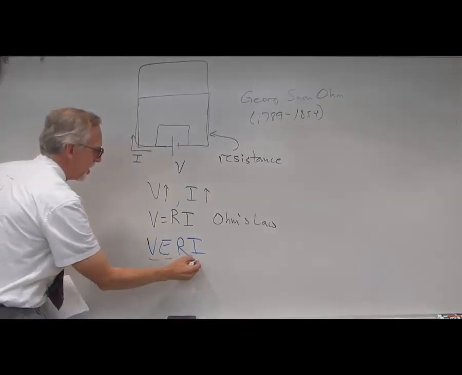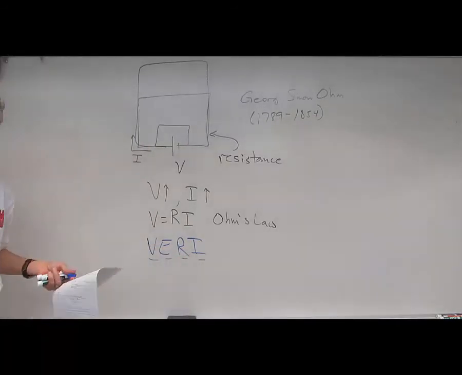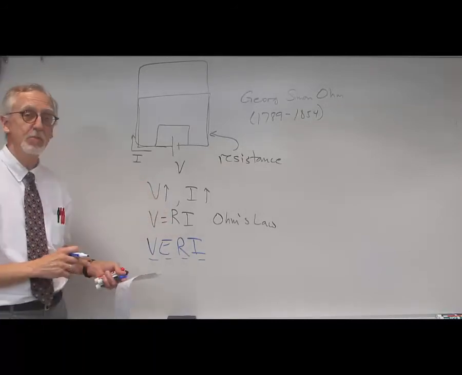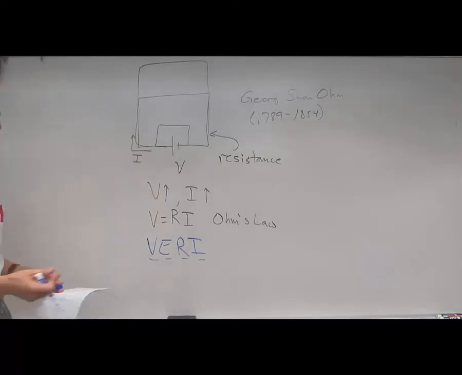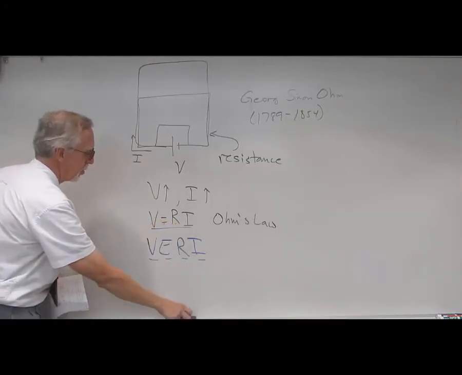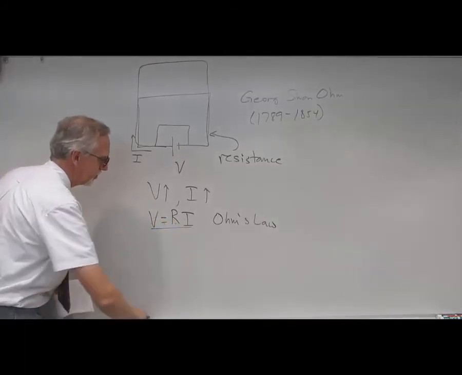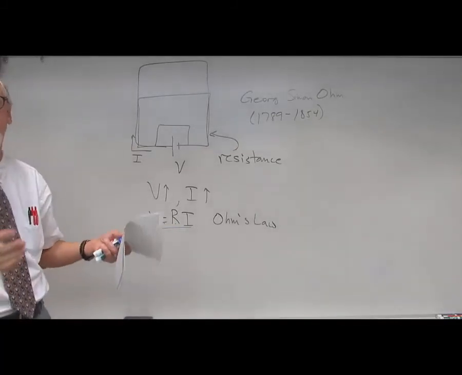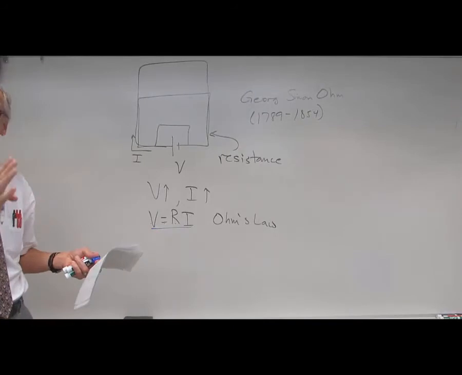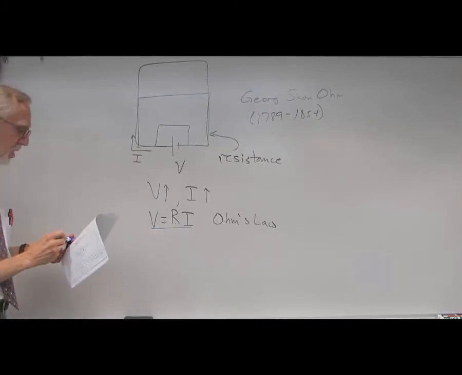V equals RI. If you can remember that this is a very important result, you will remember Ohm's law, because it is very important. V equals RI, very important. Okay. You'll always remember what it is. It's not VI equals R or something like that. Very, V-E-R-I. Okay.